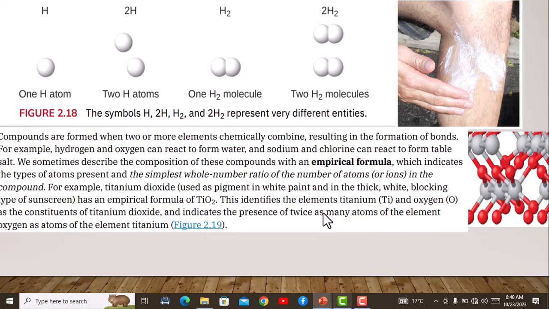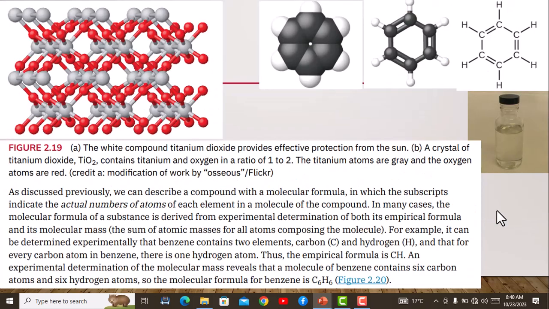And here we have the ball and stick model of this titanium dioxide. Very, very important. I tried to enlarge the picture a little bit here. We have 1 2 3 4 5 6 titanium, and we have these oxygen molecules.